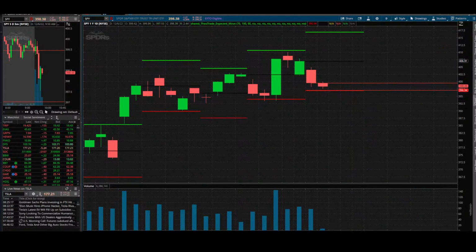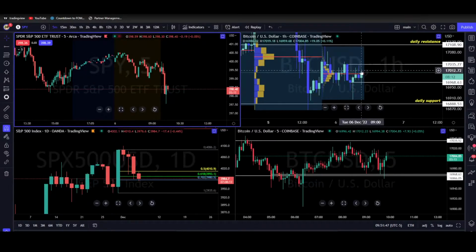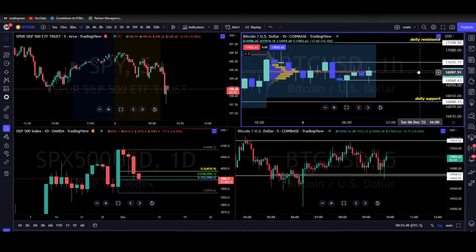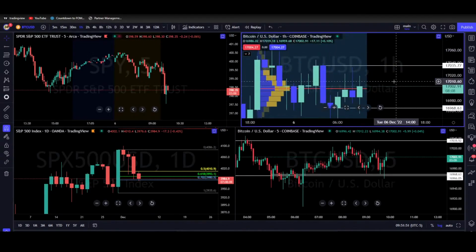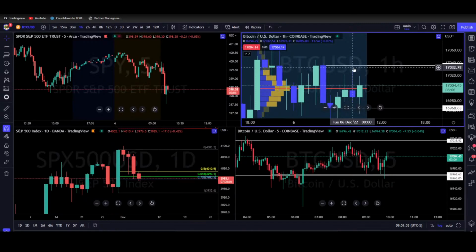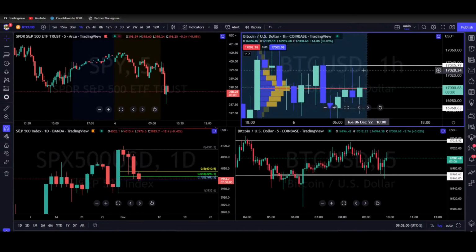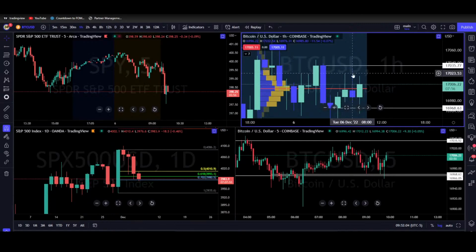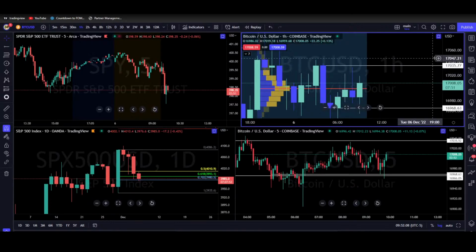So what you can do is take your profit target, go ahead and put a take-profit limit order in at 17,028, just under the high of this candle, just in case it doesn't get there. All right.